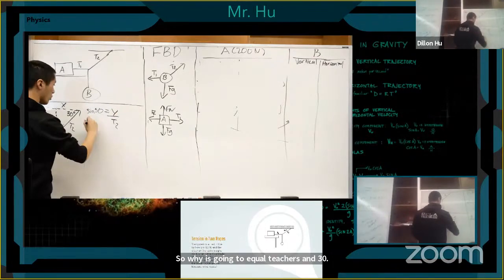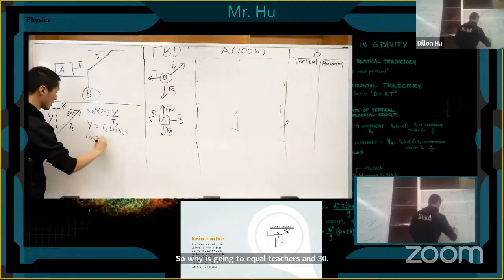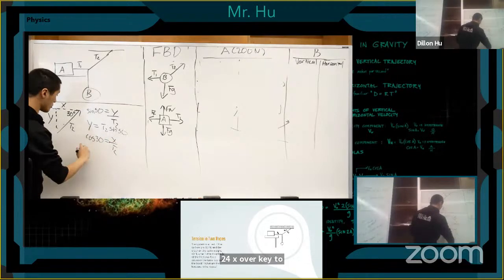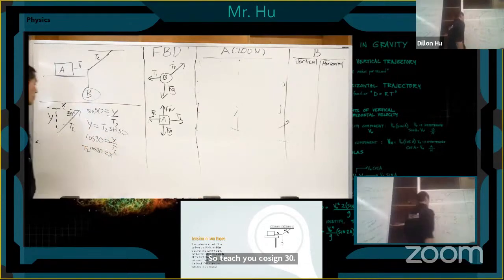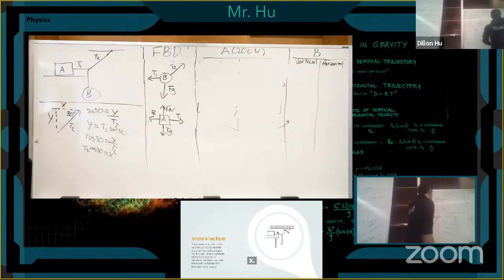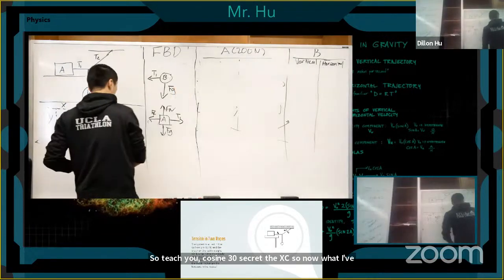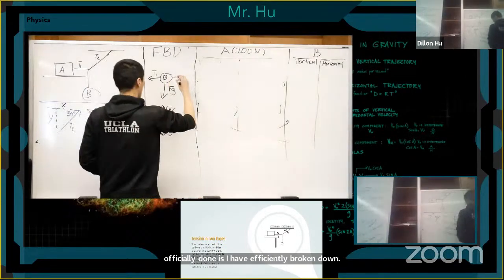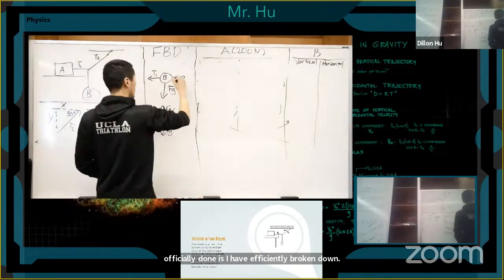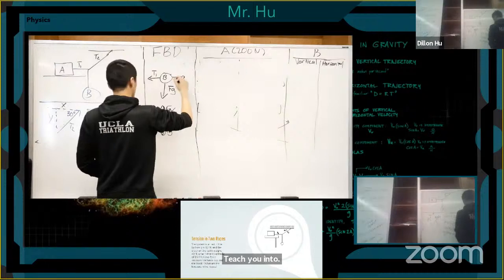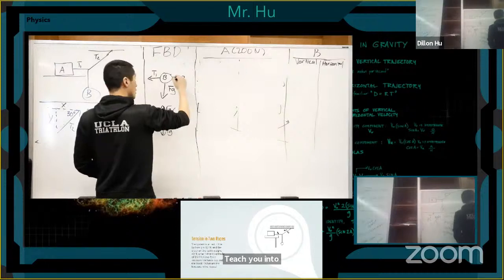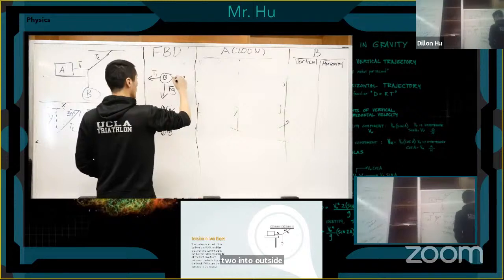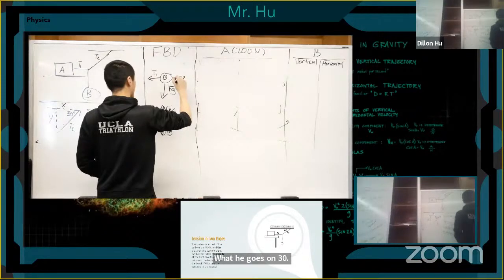Something similar for X: the cosine of 30 degrees equals X over T2, so T2 cosine 30 equals X. So now I have officially broken down T2 into T2 cosine 30 and T2 sine 30.